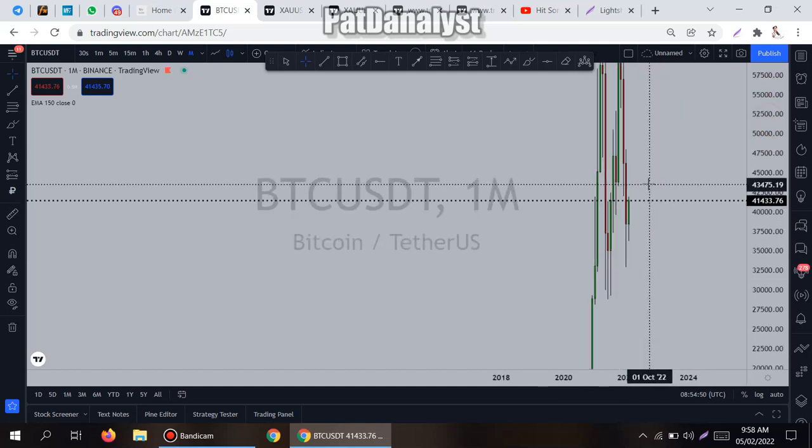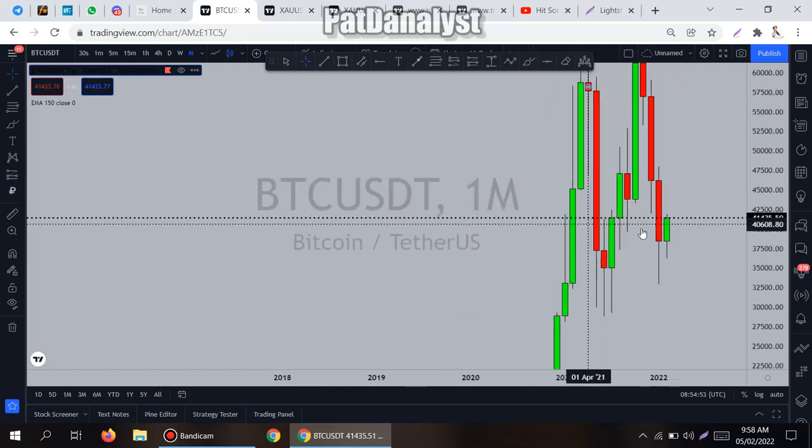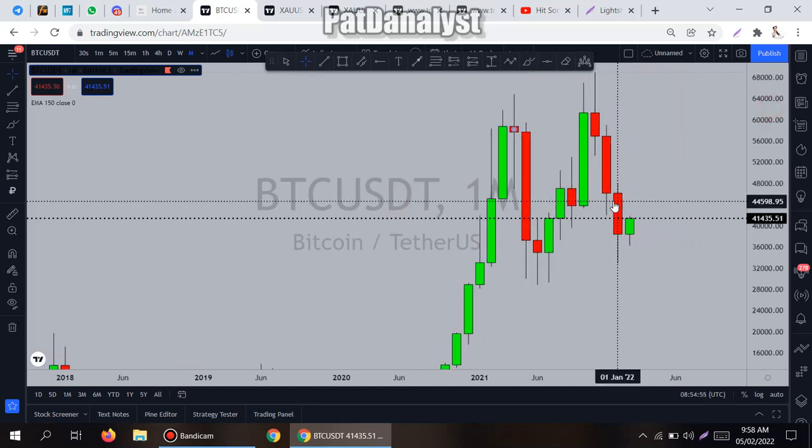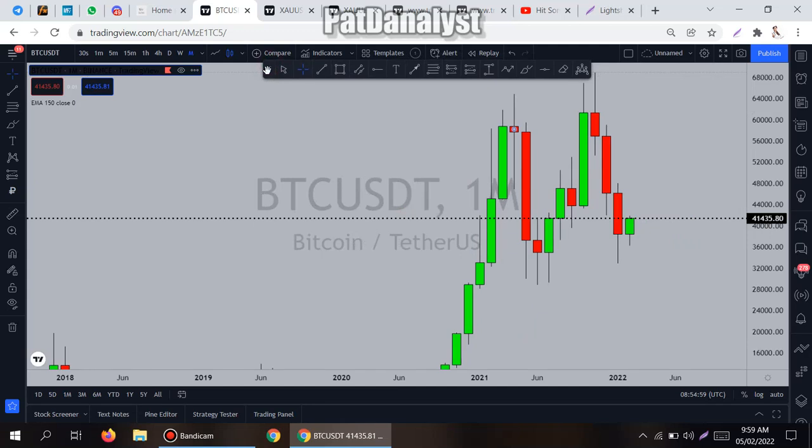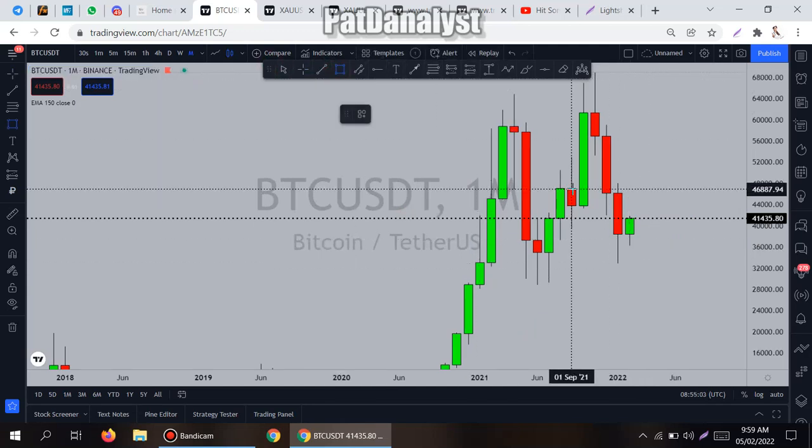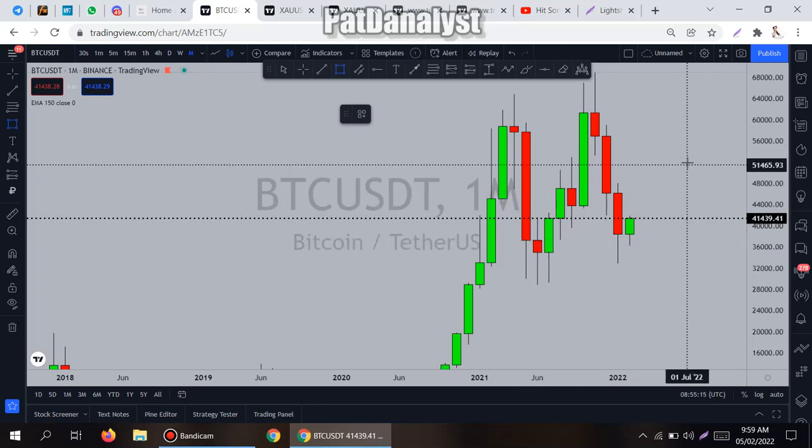Okay, now if you follow from the last video I did, we were discussing the monthly time frame and the structure that was obvious in the monthly time frame, which is this red candle here. In that video, I explained that a structure can be whenever you see a red candle forming between green candles, or a green candle forming between red candles.